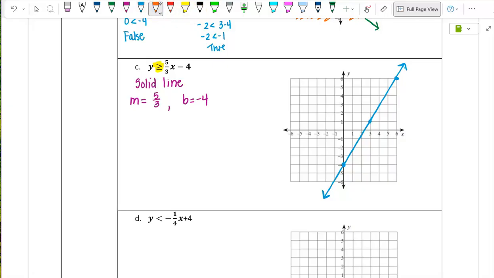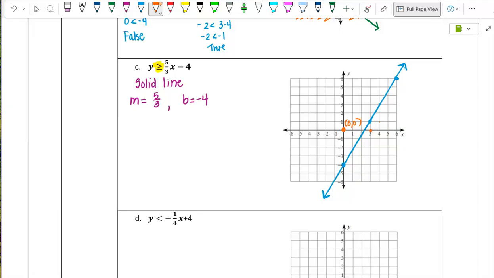So we have to pick some test points. Again, 0, 0 is always one of my test points if it's not part of the line. And again, the only reason I choose that one is it's just easy to do the math quickly. So I need a point on the other side of the line. Now I have a denominator of 3, so I want an x value of 3.